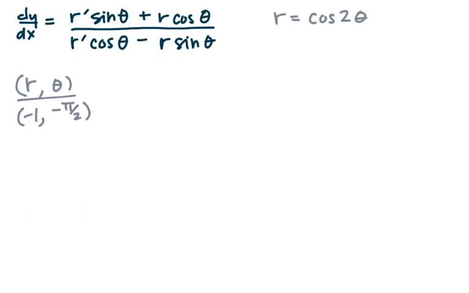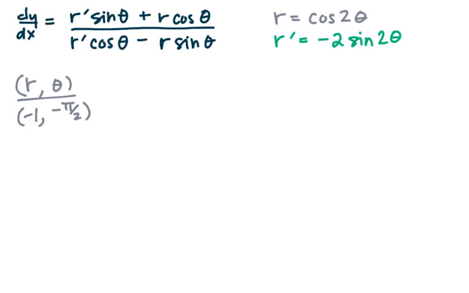In order to do this, we need to know what r prime is. The derivative of cosine 2 theta is negative sine of 2 theta times 2, or rather negative 2 sine 2 theta.